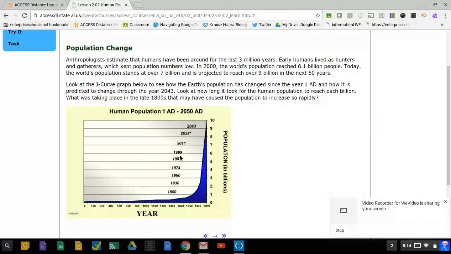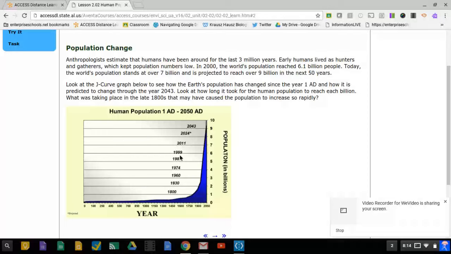Well, why is this? If you think about the time span of the human population, we started out as more of a nomadic hunter-gatherer style population, and then we introduced farming, we introduced medicines, then we went through the Renaissance, then we went through the scientific and the industrial revolution.